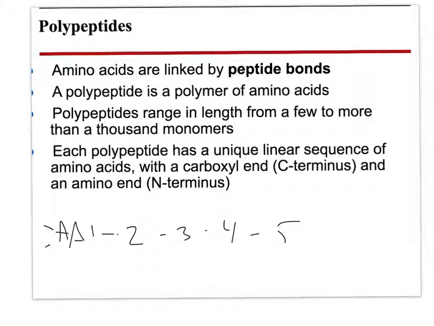This amino acid has an NH2, and this amino acid has a C double bond O OH. So you have your amino terminus and a carboxy terminus. We're just going to link these amino acids, 1, 2, 3, n number of amino acids in succession. We're going to produce those peptide bonds between them, in order.